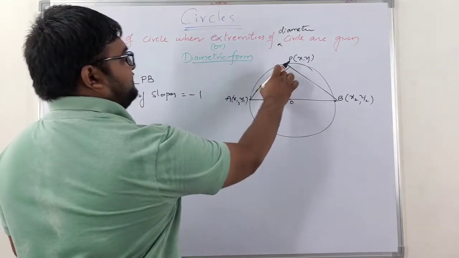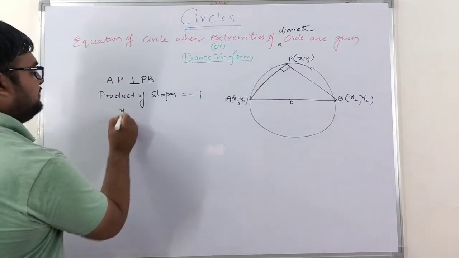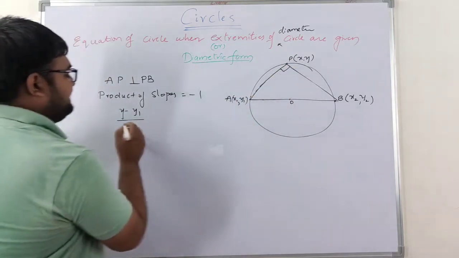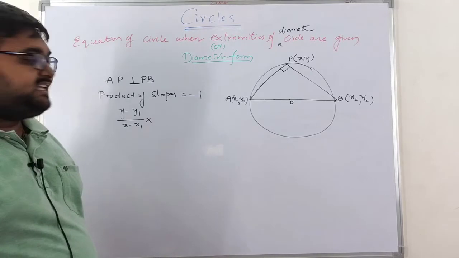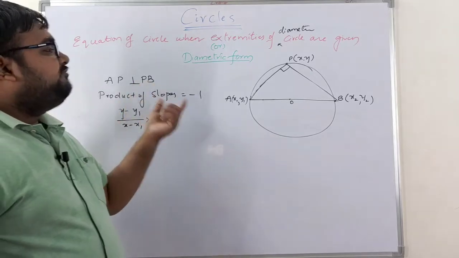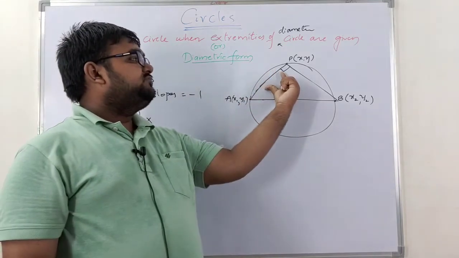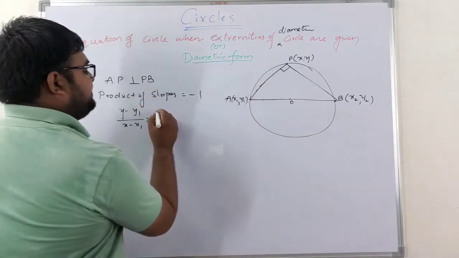The slope of AP is y minus y1 by x minus x1, into the slope of PB. AP slope we have taken, next we need PB slope. So what is the PB slope?